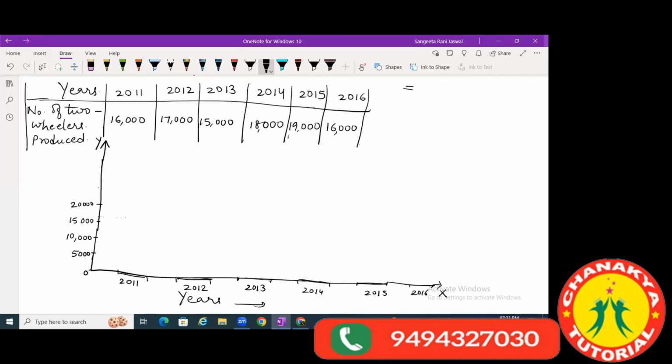Are you understanding? Yes, ma'am. See here in your bar graph, I'll just magnify and tell you. If you have taken this as 15,000, and this is 20,000 here, you have small bars like this, 15,000 here, then 16,000.